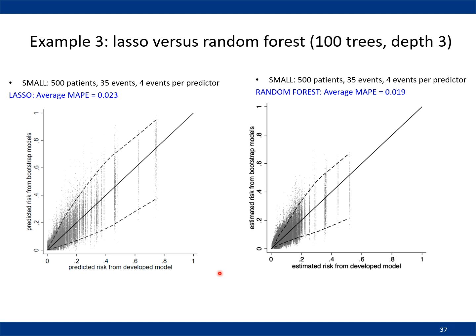If I was to fit the random forest using a more considered approach, for example, to only have 100 trees with a depth of 3, then I get a much more stable situation. Similar essentially to the amount of shrinkage that you get from a lasso, or even stronger shrinkage than that, as you can see on the left. So much more stability.